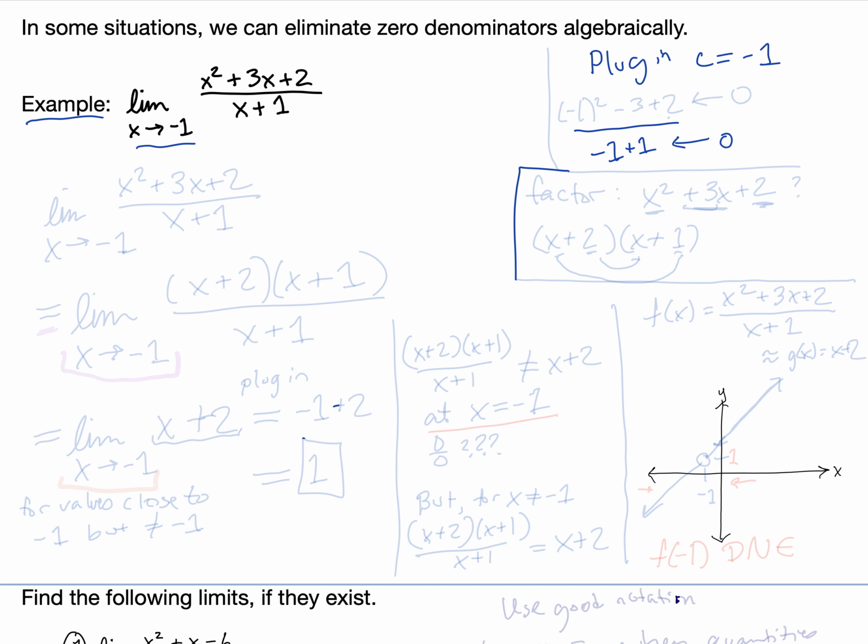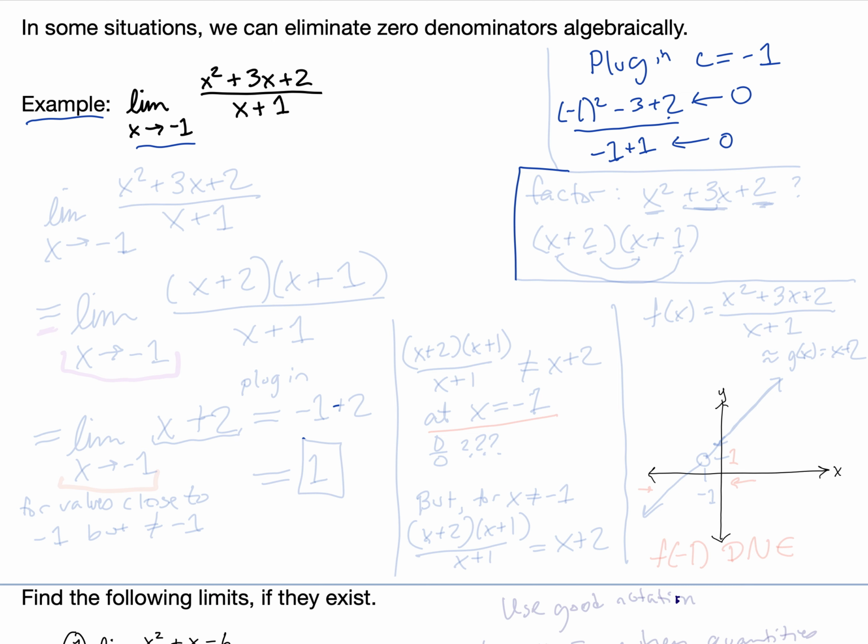But there's some hope, because when we plug -1 into the numerator, we also get -1 squared plus 3 times -1 plus 2. So that's 1 minus 3 plus 2, which is also 0. So that's a situation where we might just have a hole as opposed to an asymptote in the function. So let's see how this works.